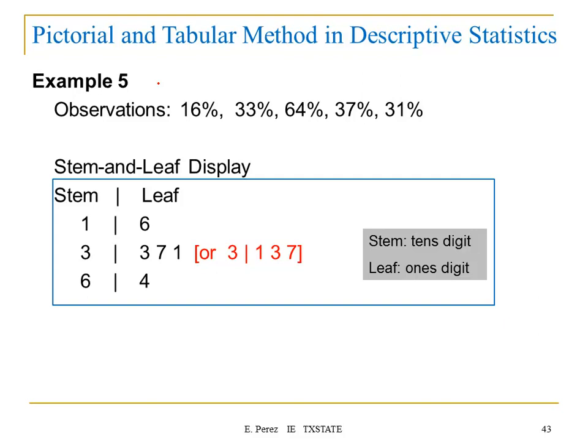Easily, right? You can see that there's a gap between 1 and 3. So you don't have any 20s in your information. You don't have any 40s or 50s. So this type of display will allow you to see those gaps very easily.